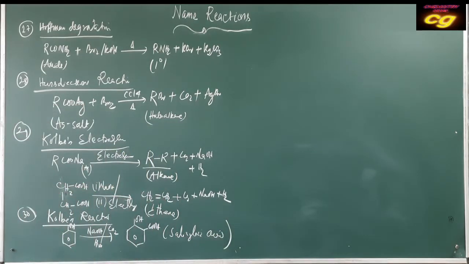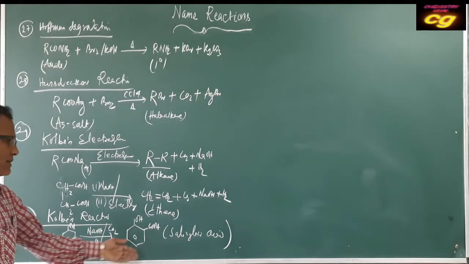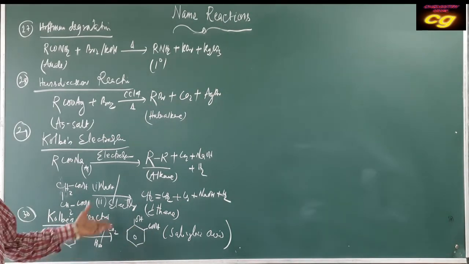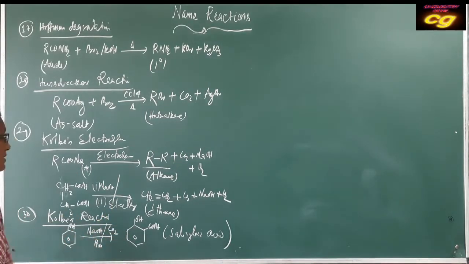Salicylic acid is produced. This is called Kolbe's reaction. Carboxy derivatives of phenol can be obtained by Kolbe's reaction. This is a very important synthesis of carboxy derivatives of phenol.